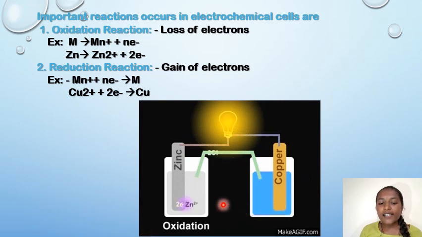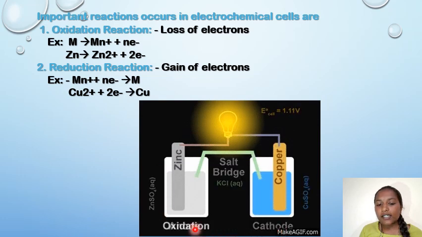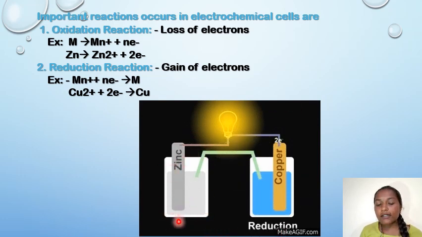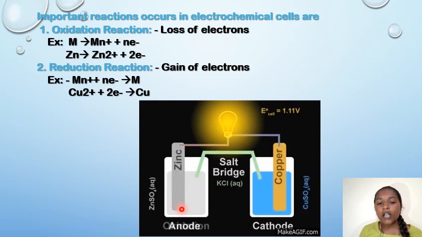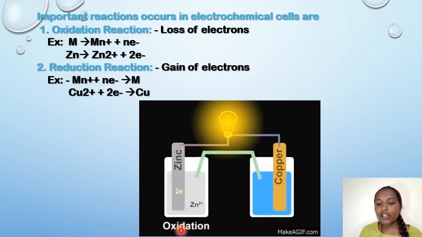Here is a best example. Under the electrochemical cell, there are two separate half cells, and this is an anode and this is a cathode. Under anode, the oxidation reaction takes place, and under cathode, the reduction reaction takes place.